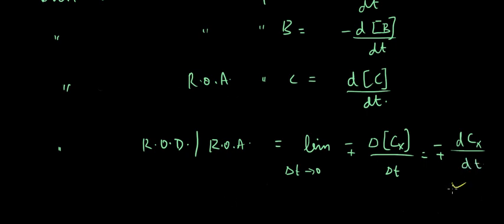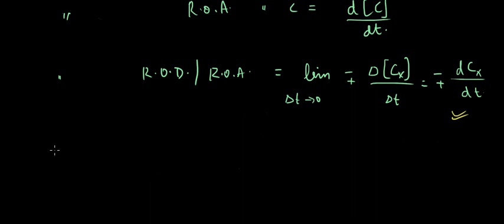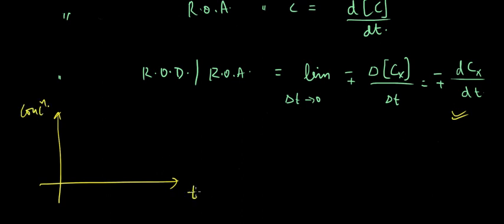And graphically, if we have a graph of concentration of any reactant or product with time, then at any particular instant we take the slope of this graph to represent the instantaneous rate of disappearance of this reactant. Okay, so this would be a negative slope.